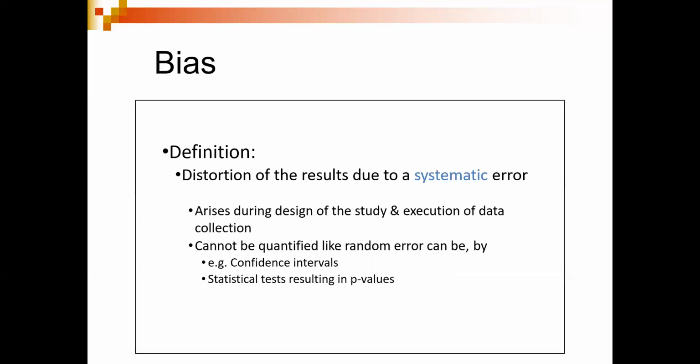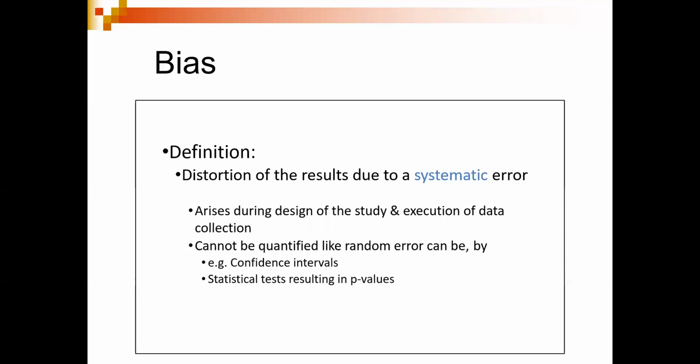Let's say you want to estimate something. Usually the higher your sample size, which is close to the population, the more likely you are to get a better result. And random error can be quantified or measured by using your p-values and a confidence interval to estimate the size of this random error.